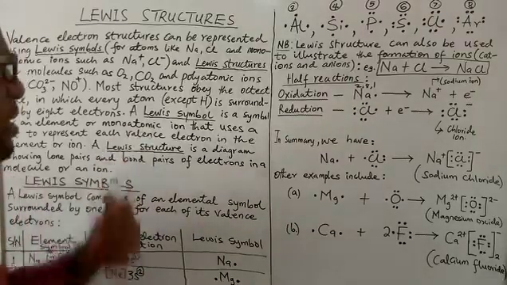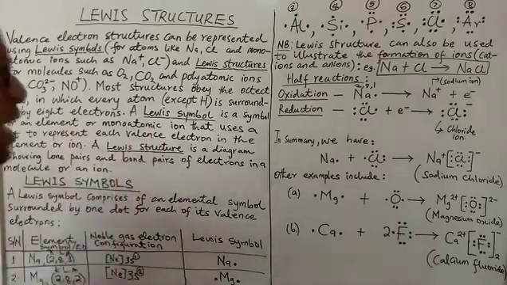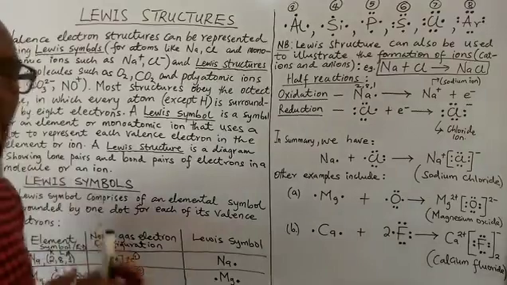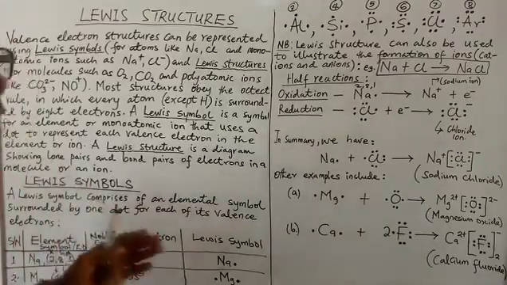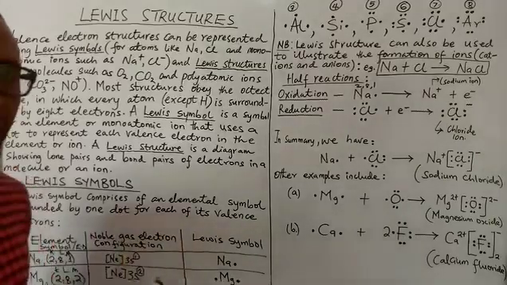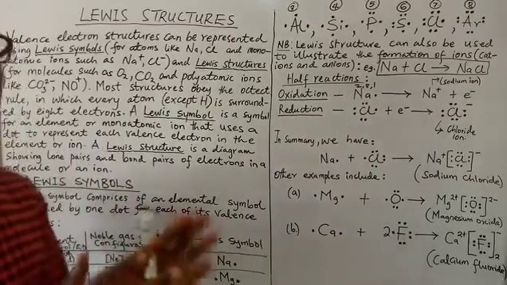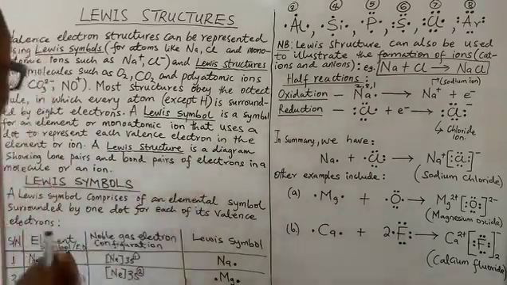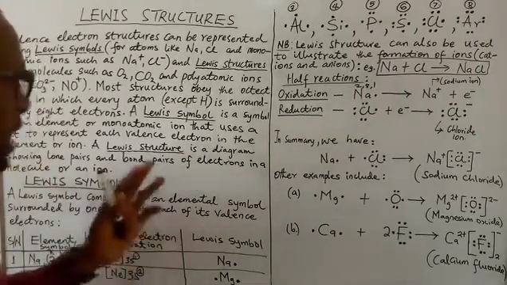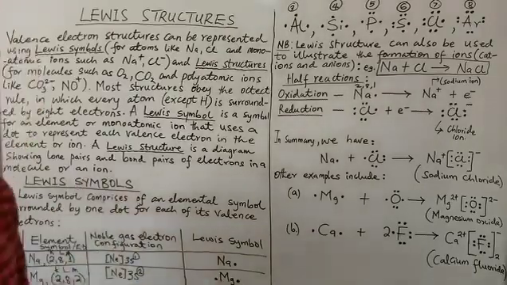Therefore, a Lewis symbol is a symbol for an element or a monoatomic ion that uses a dot to represent each valence electron in that element or monoatomic ion. Similarly, a Lewis structure is a diagram that shows the lone pairs and the bond pairs of electrons in a molecule or in an ion.